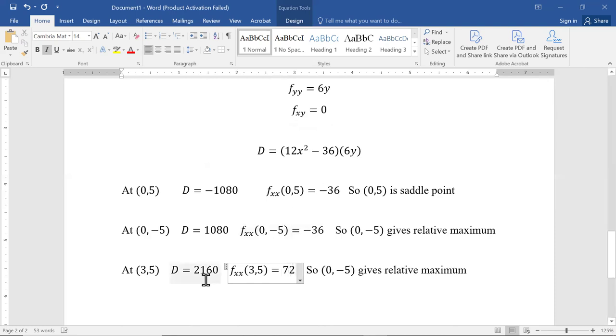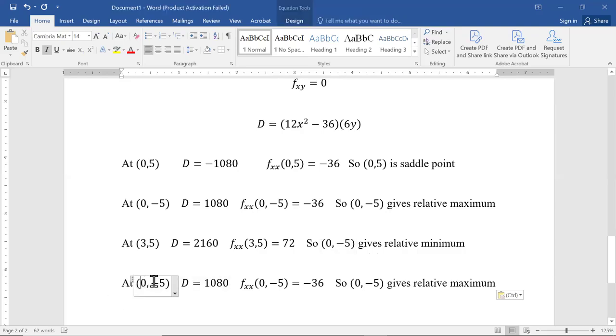So we get positive D. F sub xx is positive, so that's concave up. That means that point gives a relative minimum. Now let's do (3, -5).